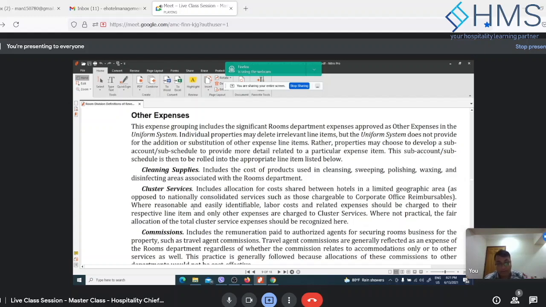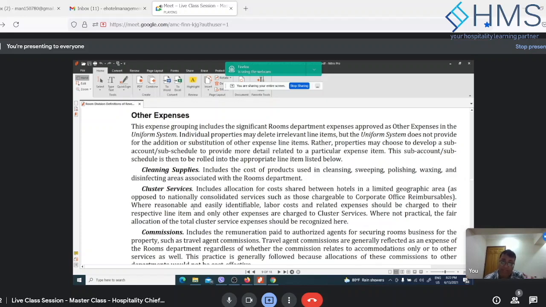Even though it's not a part of the curriculum, just to explain, you might be hearing about labor productivity. It means how many rooms are cleaned by housekeeping staff, how many check-ins are done by front office staff, how many guest services are handled by operators, how many guest requests are handled by the concierge staff or the transport staff, how many airport pickups and drops or any other kilometers they are running.